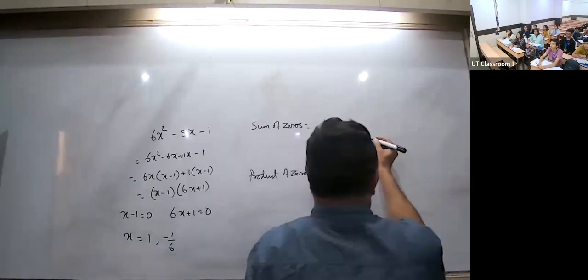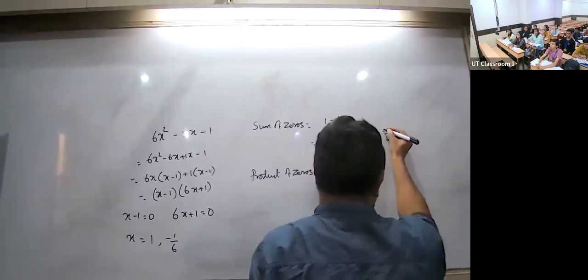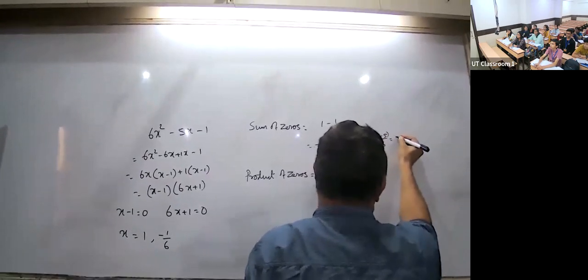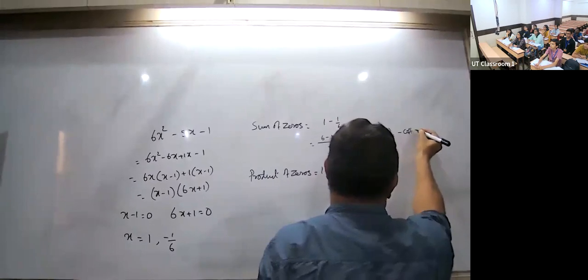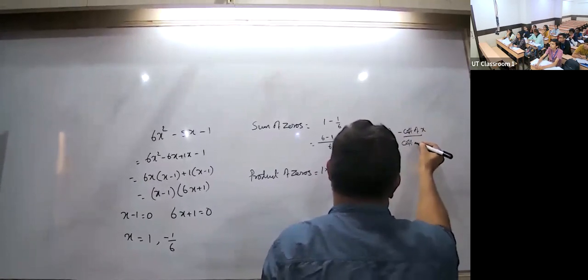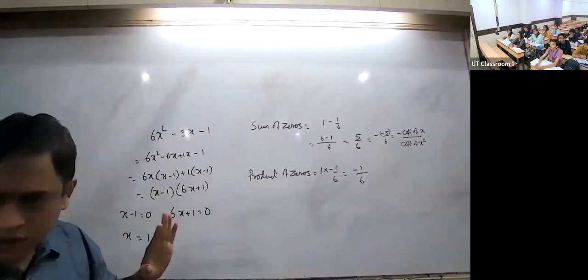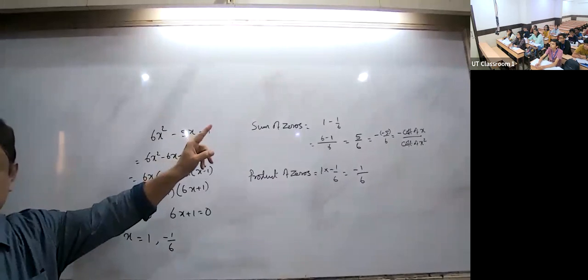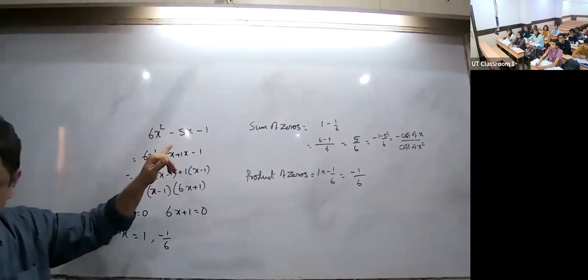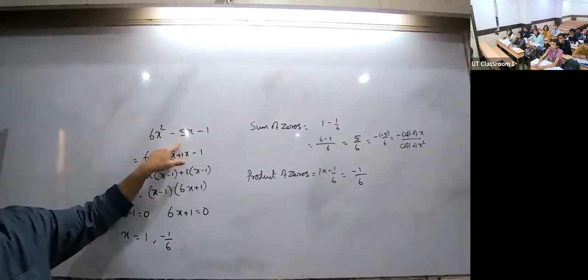This I can write as minus 5 upon 6, which is equal to minus coefficient of x upon coefficient of x square. Minus, always, that is a rule. Sum of the zeros is equal to minus coefficient of x upon coefficient of x square. Minus of minus 5 is 5.